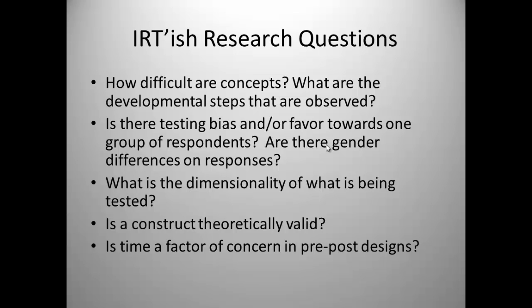So I hope from this module that people will start thinking about how IRT is out there, how it's being used, and that at least you'll have a couple of questions that you can ask. If you see an IRT study, you'll be able to ask about dimensionality, you'll be able to understand that items can be understood in a lot of different ways in terms of their difficulty, their discrimination.